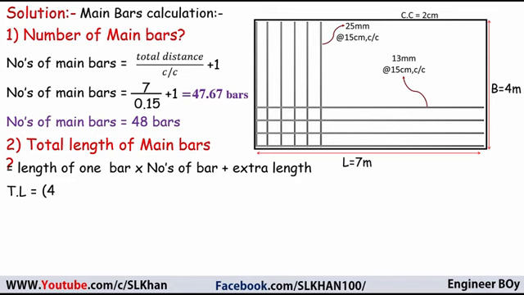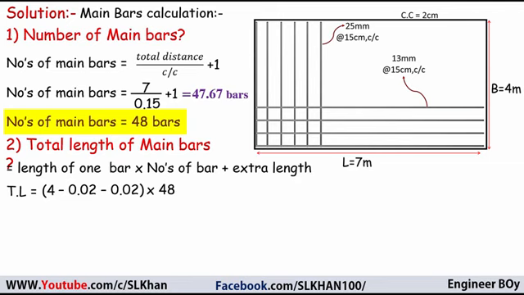But we're going to subtract the concrete cover on one side and the other side. It is given as 2 centimeters, or 0.02 meters. So 4 minus 0.02 minus 0.02, which is 2 times the concrete cover for one side and the other side. So the total length is 4 minus 2 times the concrete cover, times the number of bars, which are 48 bars.